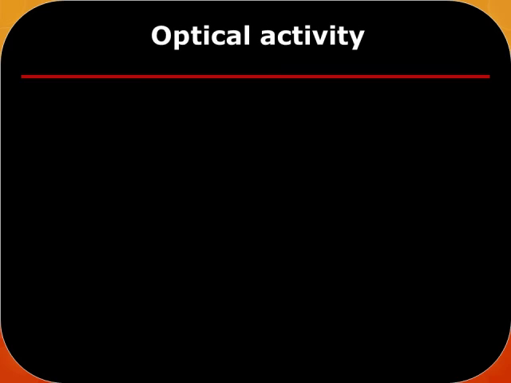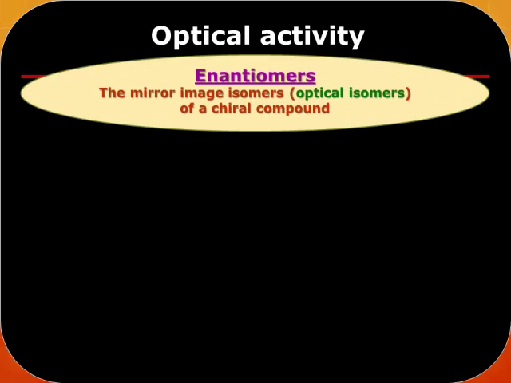Now let's see the optical activity of the compounds. Enantiomers. What are these enantiomers? The mirror image isomers of a chiral compound. You know what a chiral compound is, right?